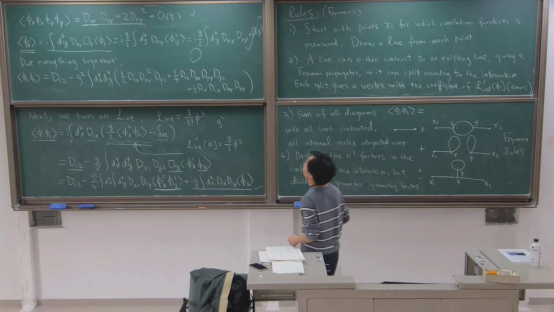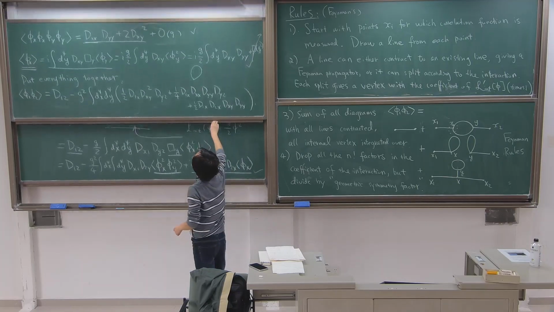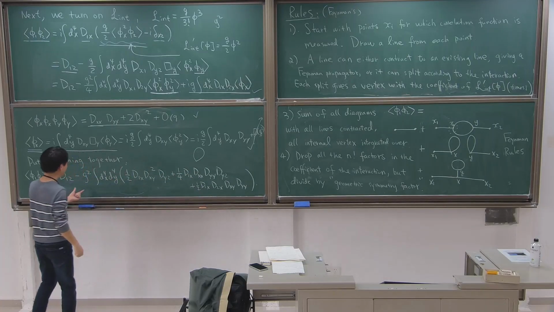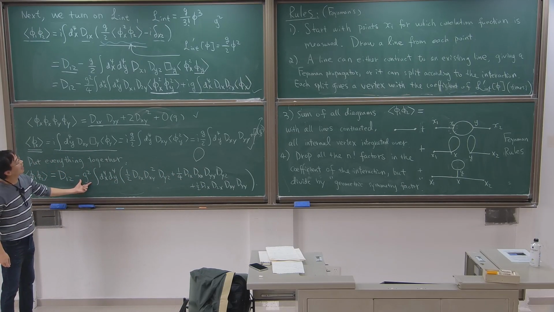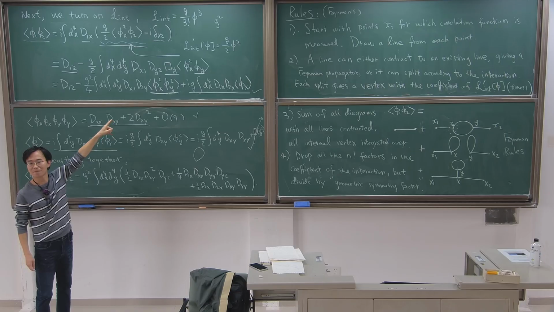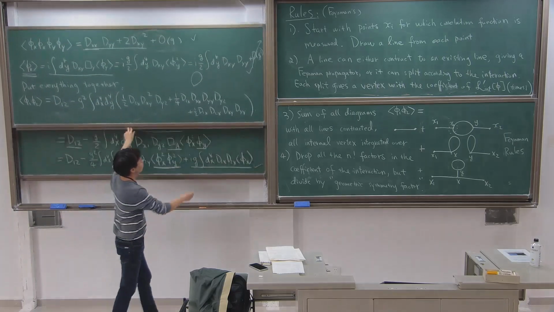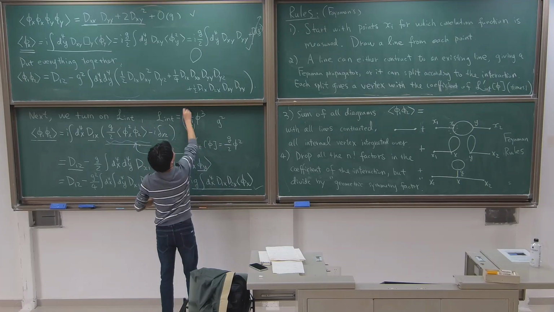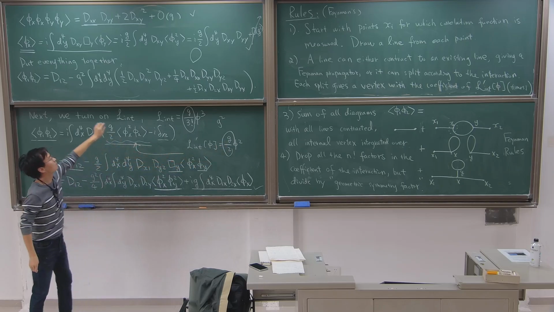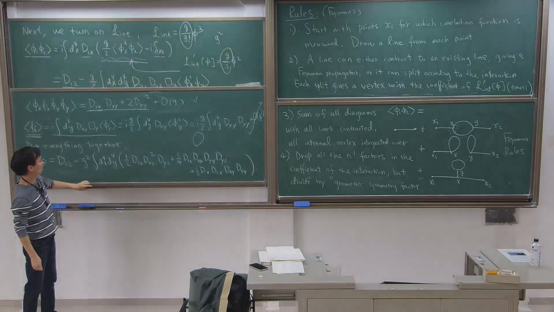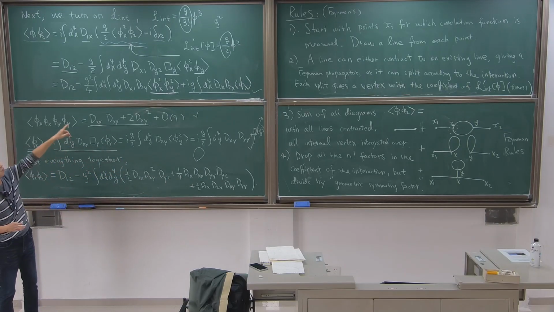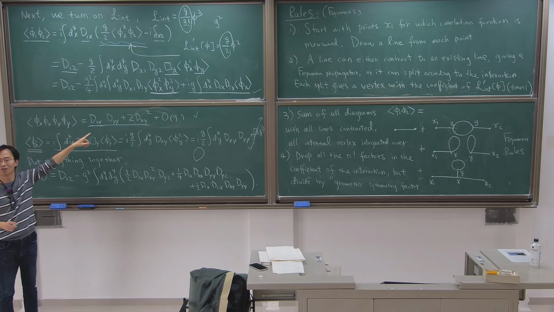Let me use this example to explain what this last step really means. Even though the L interacting prime has a G over 2 in the Lagrangian, once you take the prime, this is G over 2. But in order to establish the final result, I don't care whether it's the 3 factorial or 2 factorial.